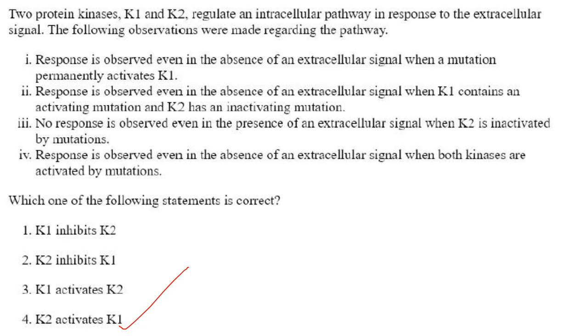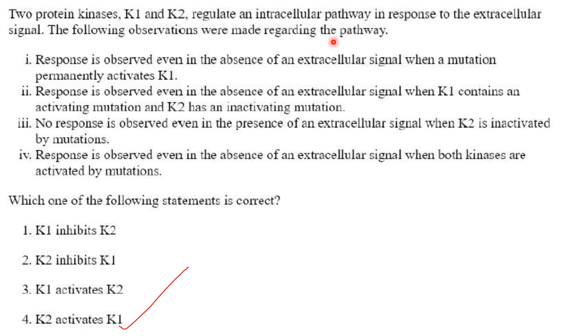Two protein kinases K1 and K2 regulate an intracellular pathway in response to the extracellular signal. The following observations were made regarding the pathway. So suppose it is like signal, then K1 and K2, then you get a response.